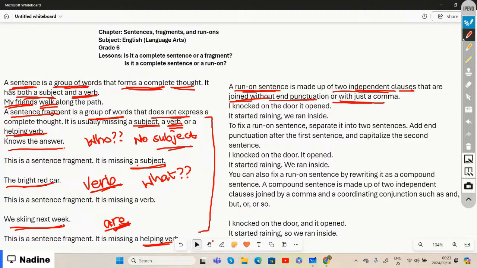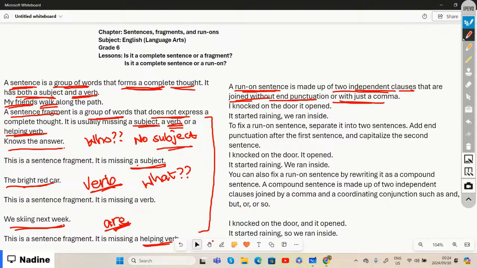All right, so if we look at the first example of a run-on sentence: I knocked on the door. It opened. That is a run-on sentence.